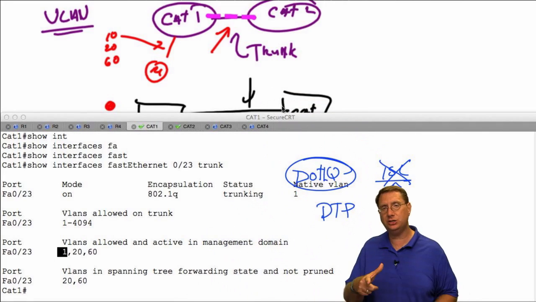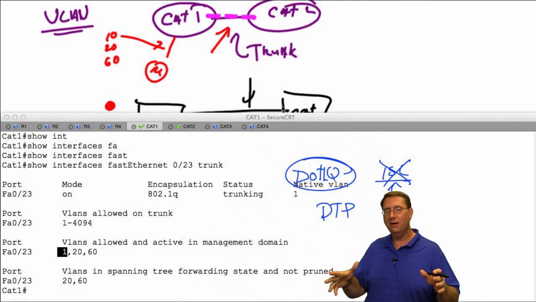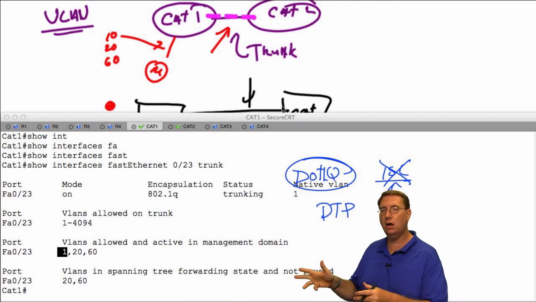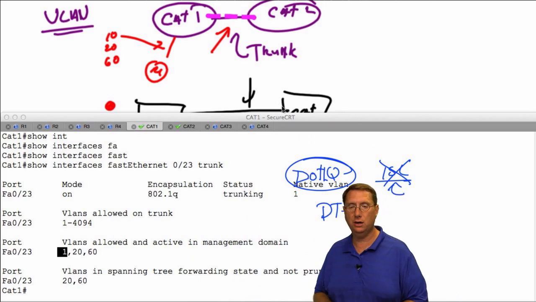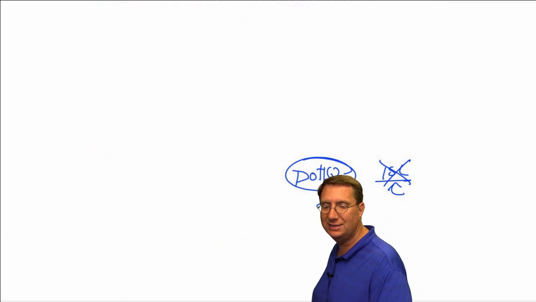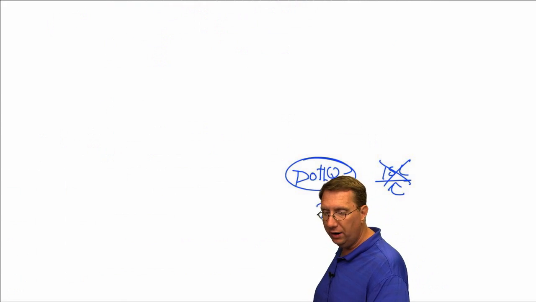But this begs the question. We took the system out of this idea of default negotiation mode. In other words, we turned off DTP and we hard-coded the type of trunk that we wanted. But what would happen if we decided to leave that? What operational modes are there that we need to know about with regard to how we can do our configuration? Well, remember, we set this up using a couple of methods.